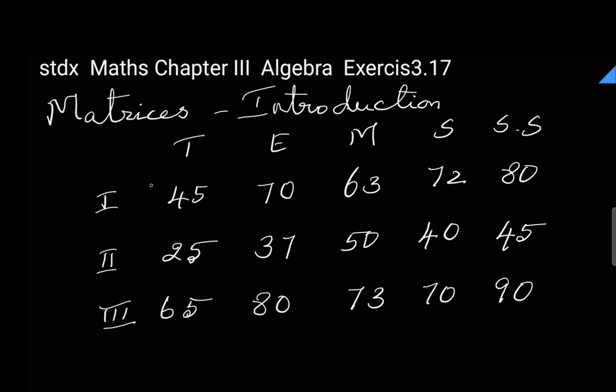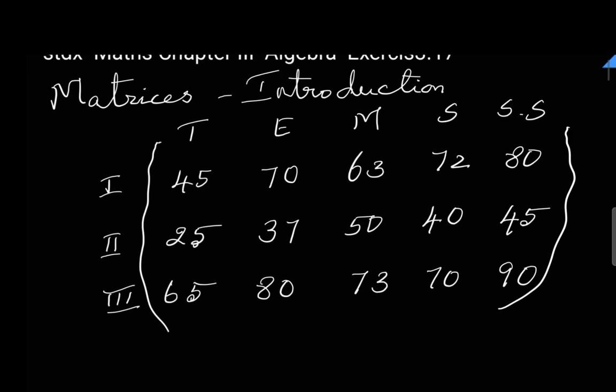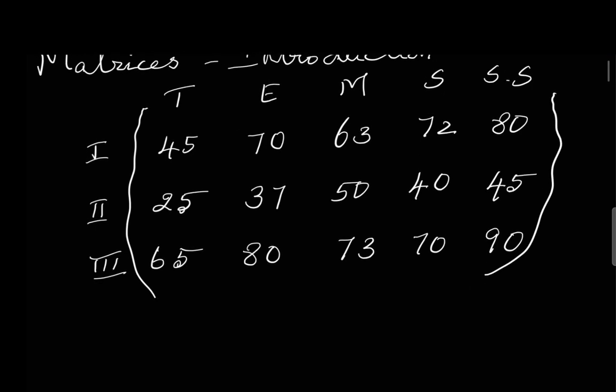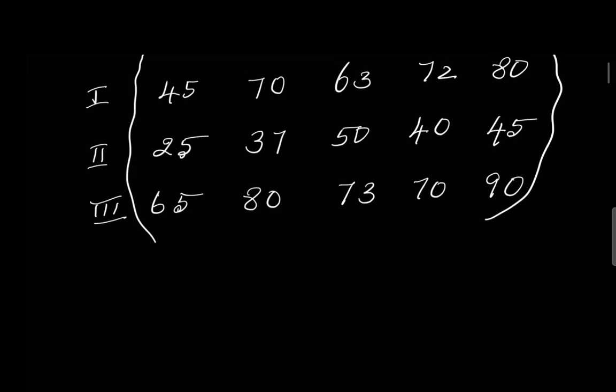If I put them in a bracket, this open bracket contains the collection of data in an arranged manner. This form is called the matrix.